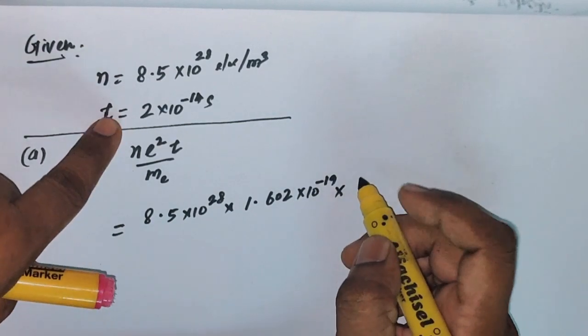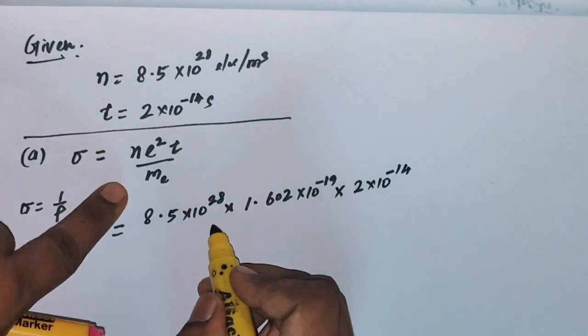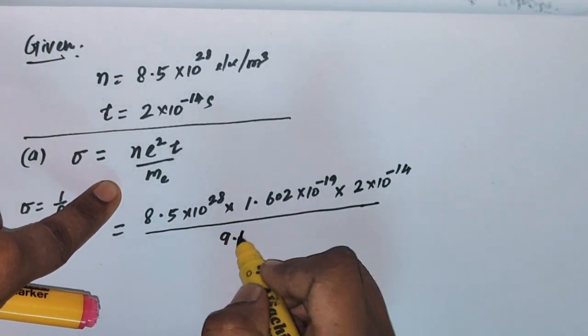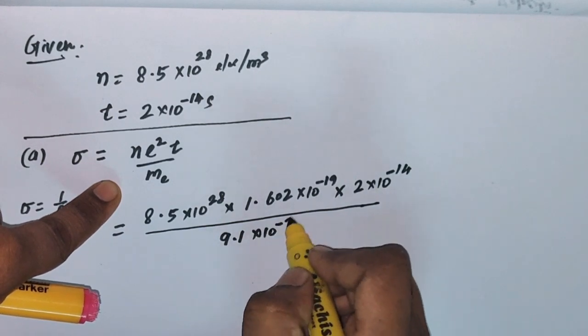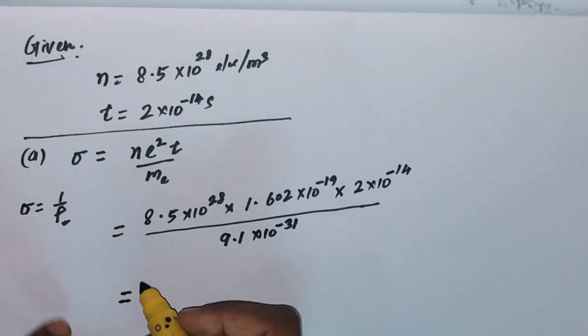Tau is the relaxation time, 2 into 10 power minus 14 second, divided by the mass of the electron, a constant we already know, 9.1 into 10 power minus 31.